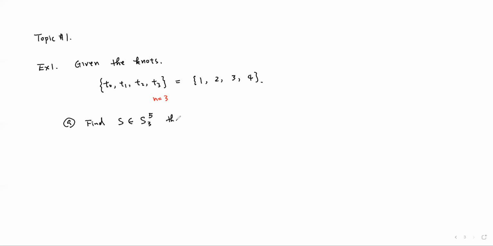The function interpolates this table. Y is some function. The x values are 1, 2, 3, 4, and the function values are -1, 3, 0, 2.